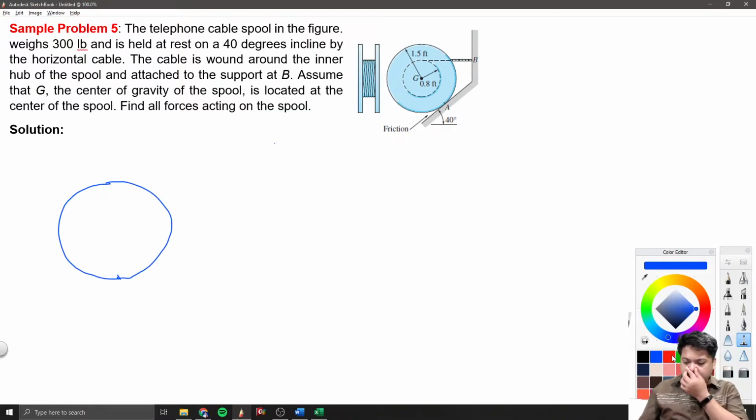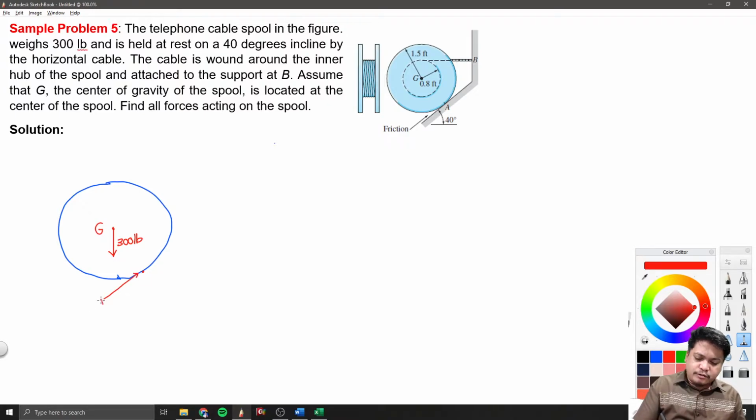Okay. So basically, nandito yung center G ko. Okay? Diyan tatama yung aking center of gravity. Diyan tatama yung aking weight sa center of gravity. And that is around 300 pounds. Okay? Somewhere here at this point, okay, meron ako ditong dalawang forces.